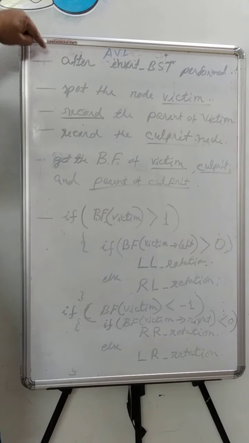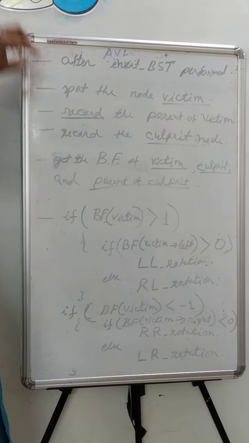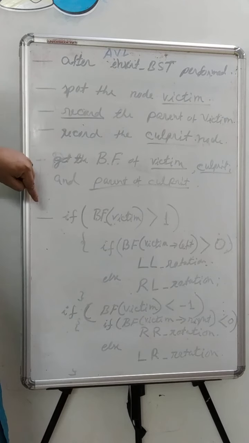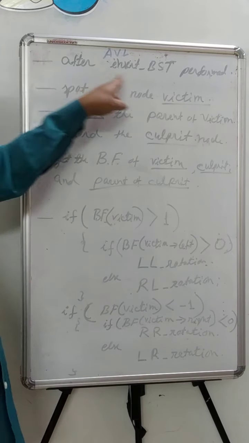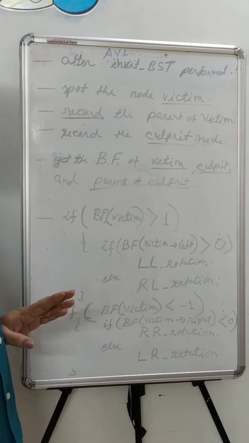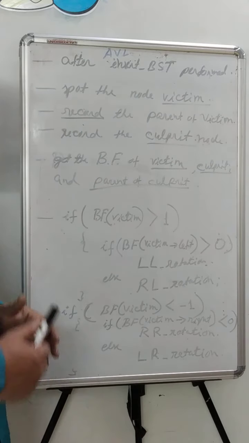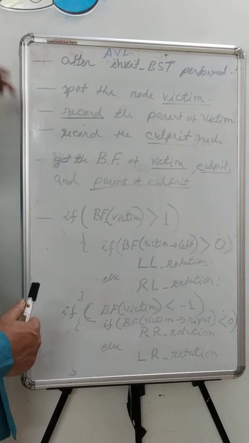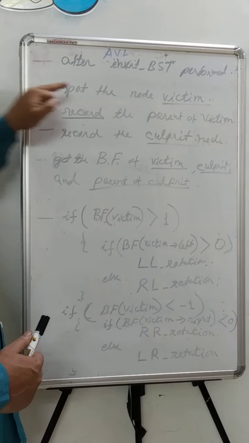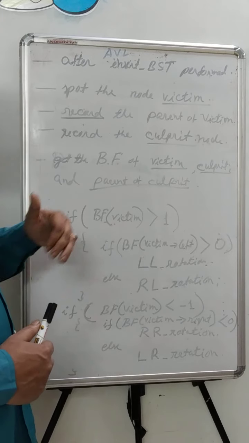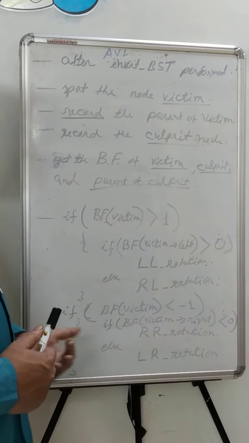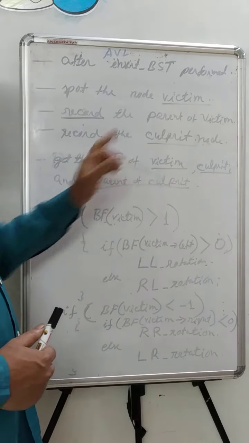So these are the different steps that we have to follow in the balancing operation. First we have to insert the data into the BST as a BST insert performs. After that we have to spot the victim node. It will definitely be the grandparent of the culprit node.